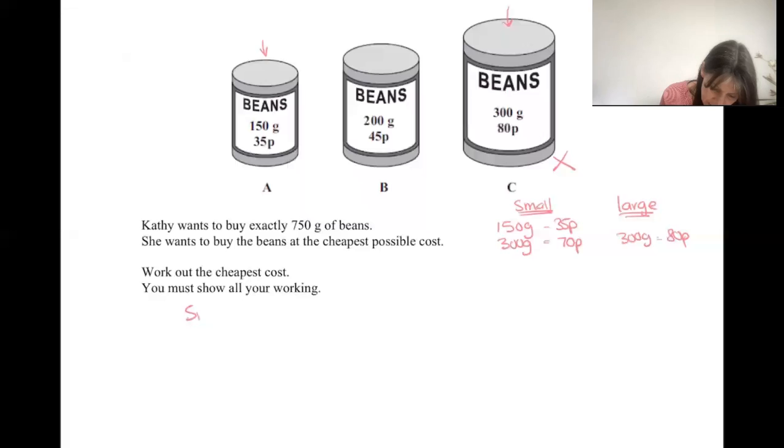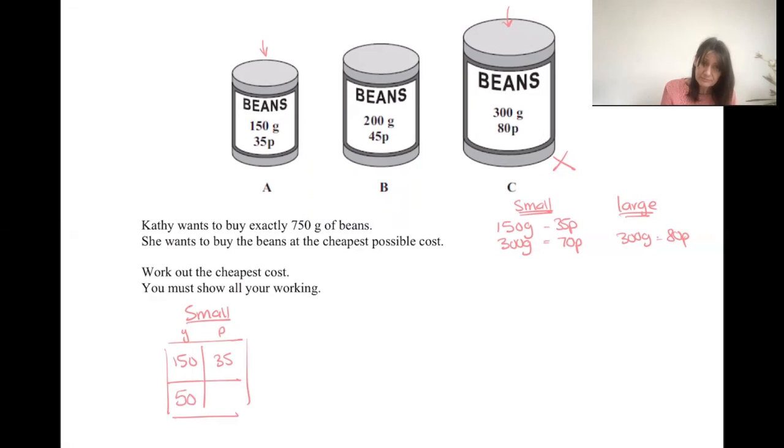So with the small tin, I'm going to put my fact that 150 grams is 35 pence. If I work out what 50 grams is, that would mean that I have something a little easier to compare. I could go to 100 grams, I could go to 1 gram, I really could do anything.